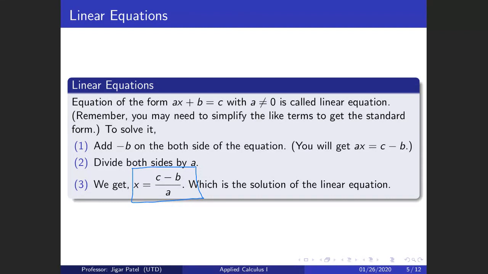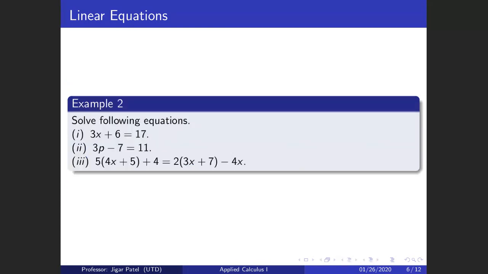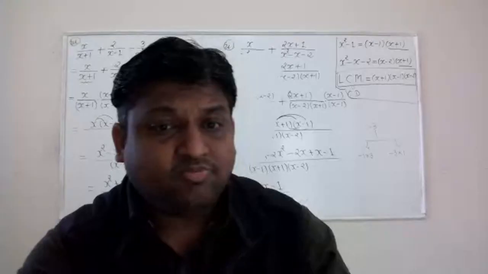Now that we have the general strategy, we would like to see how to implement it on a particular set of examples. In example number 2, I have 3 sub-problems for you, and I am going to solve all 3 problems on the board. I will write them side by side, and we will use the same general idea that we just discussed. So let's work out these 3 problems on the board carefully.